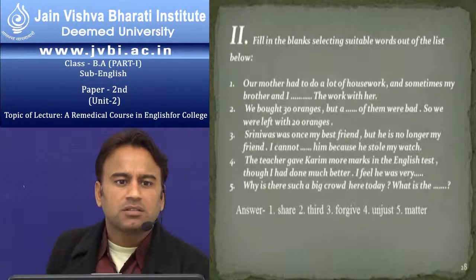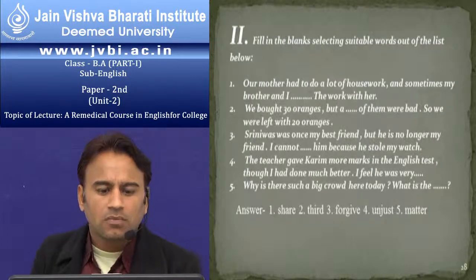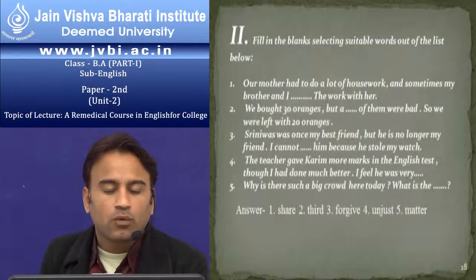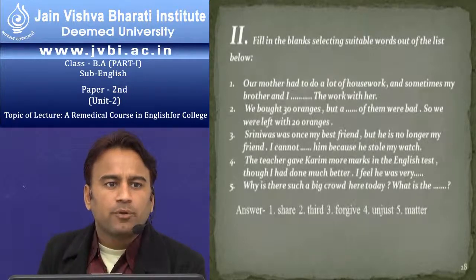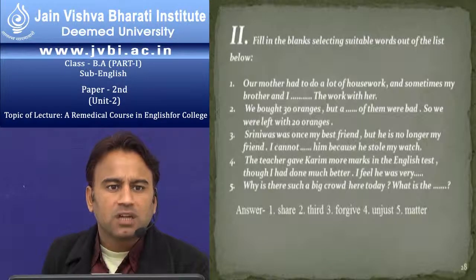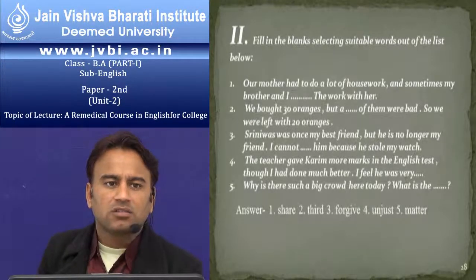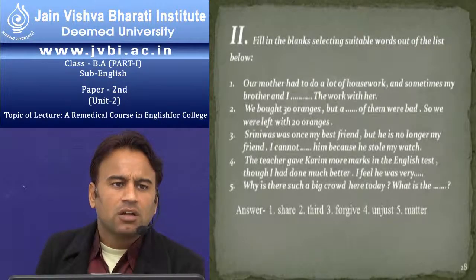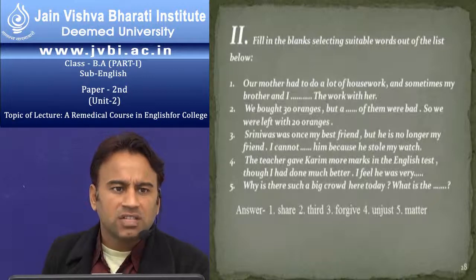Now look at the answers. Our mother had to do a lot of housework, and sometimes my brother and I share the work with her. We bought 30 oranges, but a third of them were bad, or many of them were bad. So we were left with 20 oranges. One third of 20 oranges is 10.